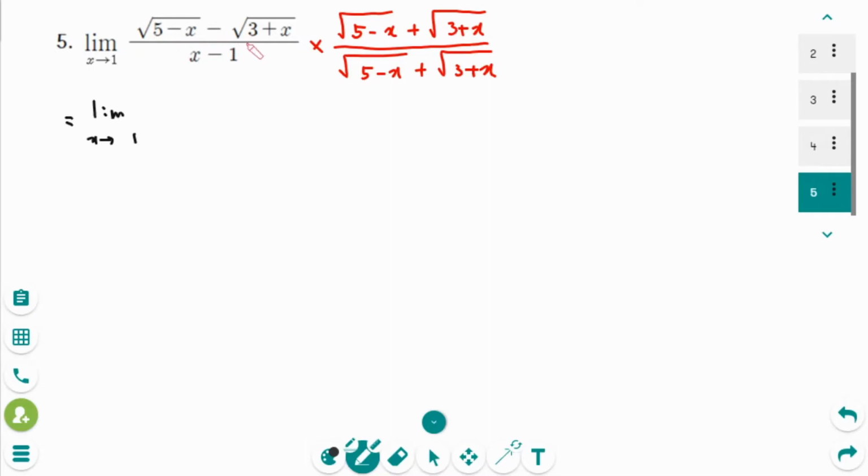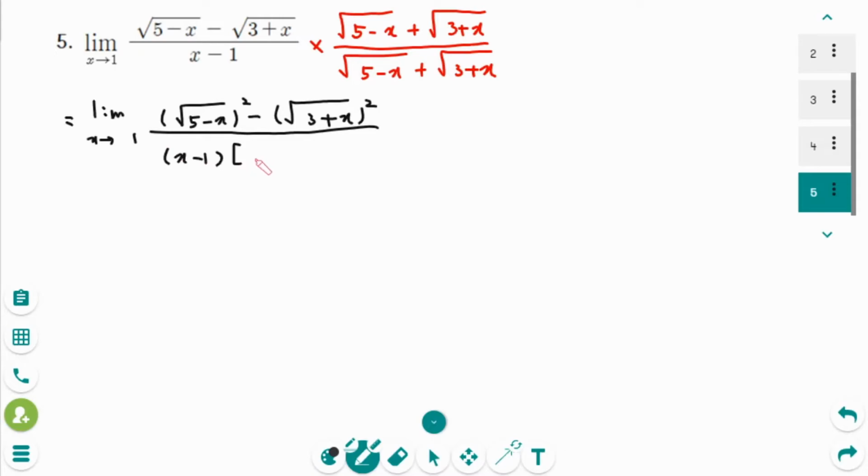The a minus b, a plus b form becomes the a squared minus b squared form over, keep the factored form in the denominator, so x minus 1 times square root of 5 minus x plus square root of 3 plus x, and the limit as x approaches 1.